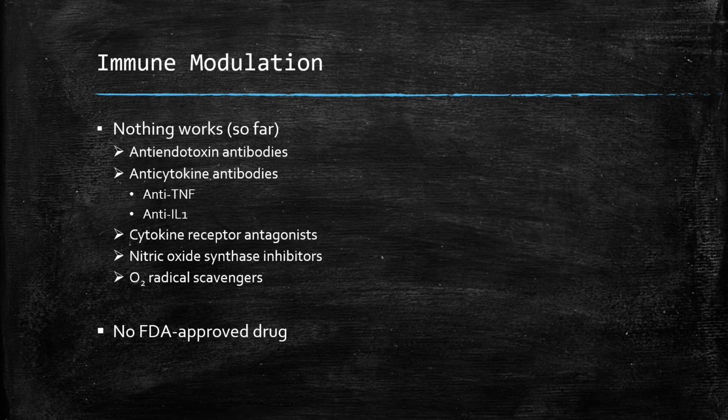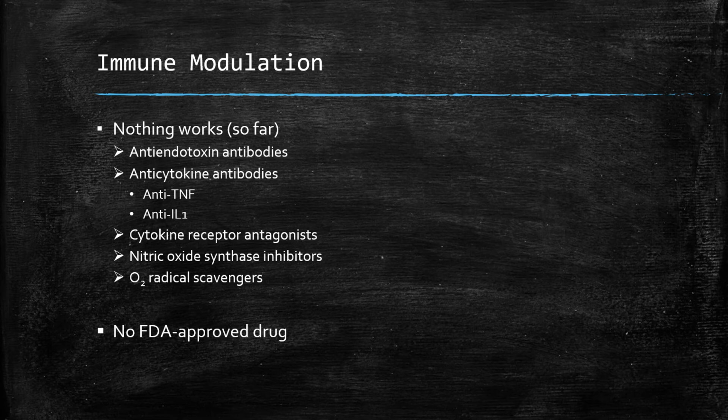A major active area of sepsis research is immune modulation, since the septic response can be seen as a problem of too much of a good thing. And so the goal is to find a drug that will downregulate an overzealous immune response. So far, at least, it's safe to say that nothing has worked.